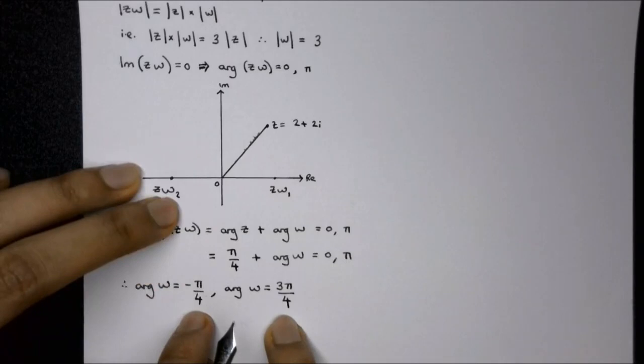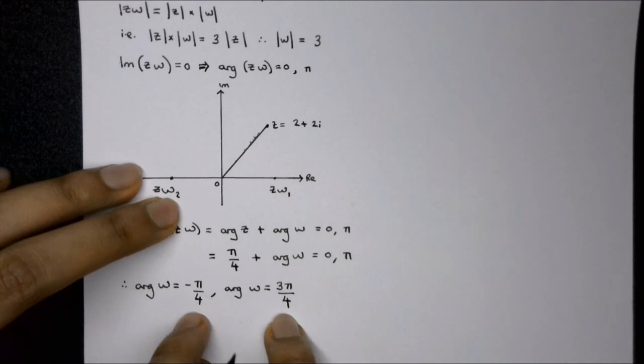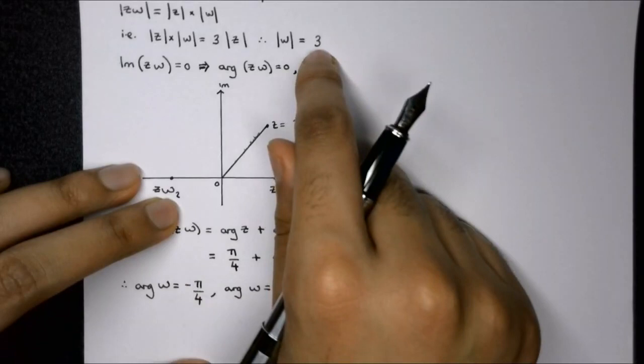Okay, so how does this help us? Well, what we can now do is state the two possibilities of the complex number W, because we know the arguments and we also know that the modulus of W is equal to 3.